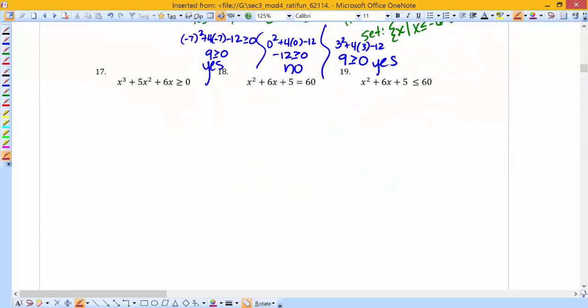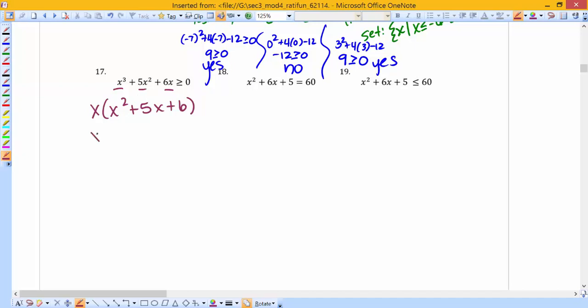so you guys can see that one worked out. So in 17, the first thing I need to do is make sure my inequality is set to 0, and it is. So now I recognize that there is an x in each term. So I'm going to factor out an x. So I have x squared plus 5x plus 6.